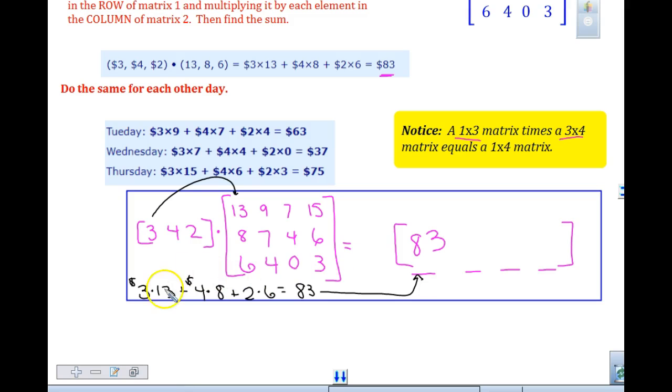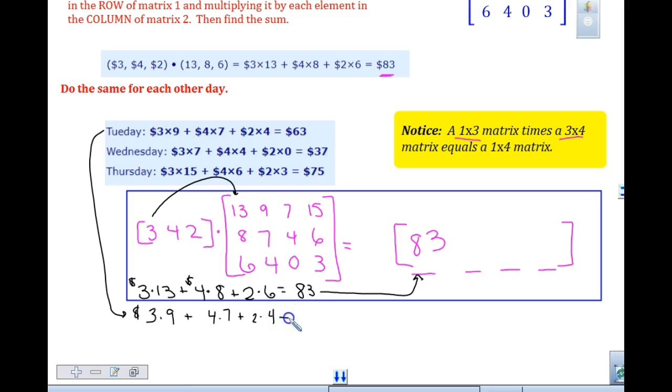Okay, so the next one I'm doing is the Tuesday, right? What is the Tuesday? That's taking the $3 times what? 9. So show it down here. 3 times 9. Plus you're doing 4 times, go down, 7. Plus 2 times 4. So you're taking this whole matrix times everything going down.